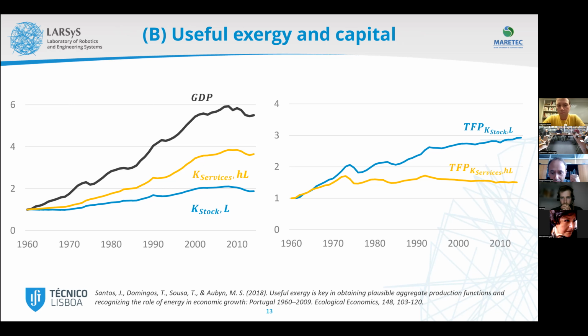Because industry uses the most efficient ways of delivering useful exergy. It uses electrical motors that are 90% efficient, and it uses high temperature heat, which is also 80–90%.